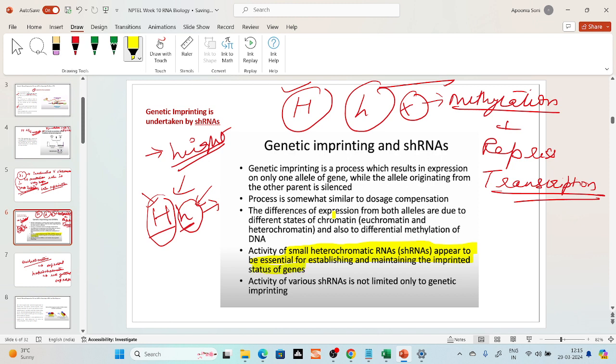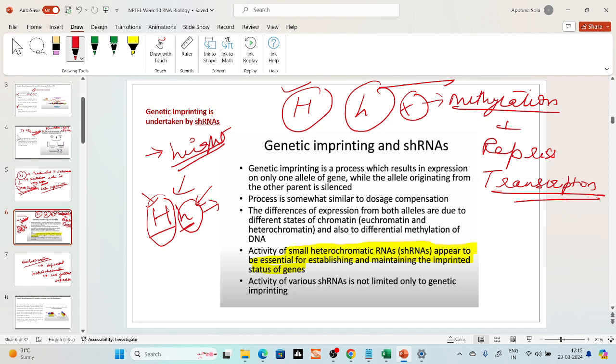So basically, this shRNA helps in maintaining the imprinted status of the gene. But this is not the only function of these shRNAs. They have different roles as well. But one of the roles, in the context of what we are studying, is that genetic imprinting is facilitated with the help of small heterochromatic RNAs, that is shRNAs.